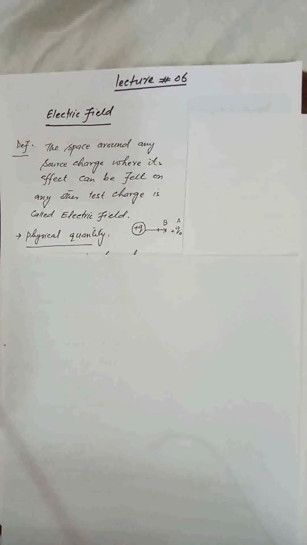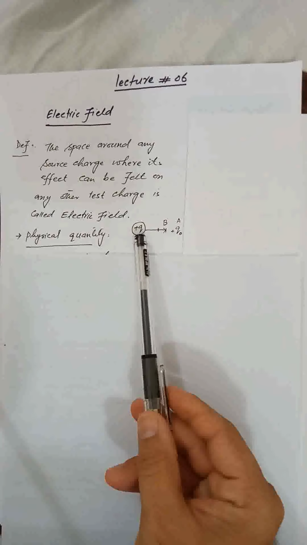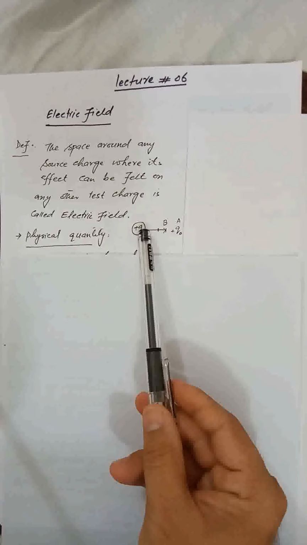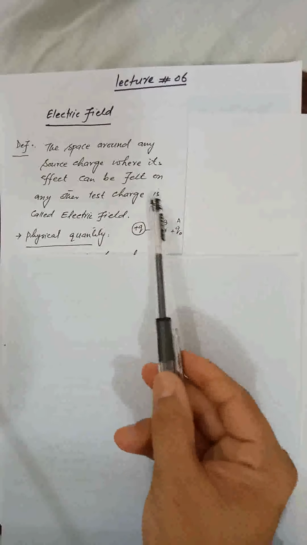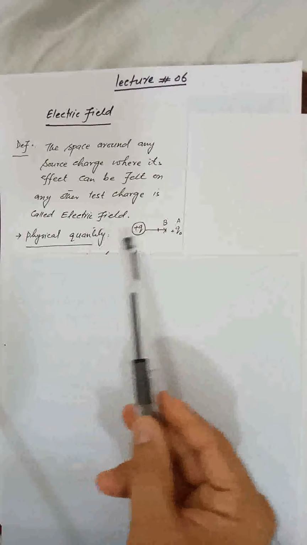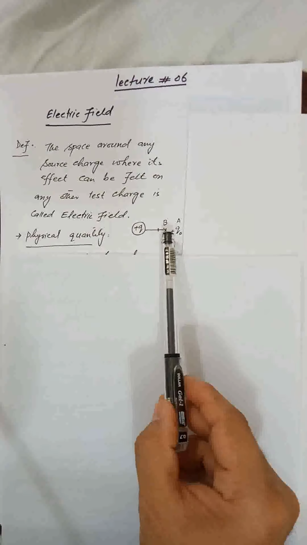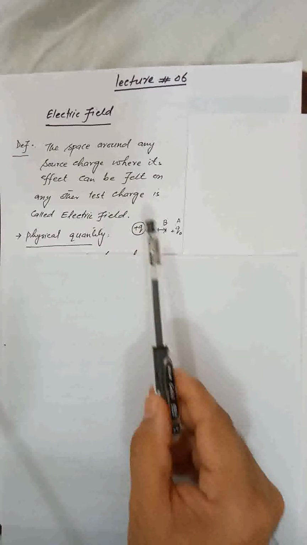Now we will explain the definition. Let's suppose this is a positive source charge, and the field around this positive source charge extends up to B in all directions, not only on the right side, but at a 360-degree angle, which is called visual representation.